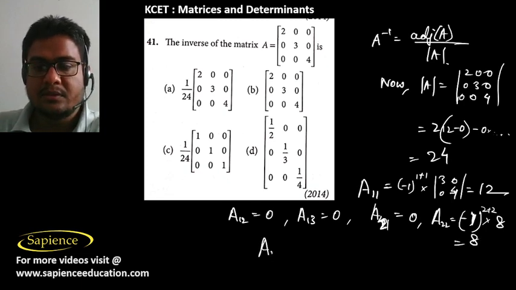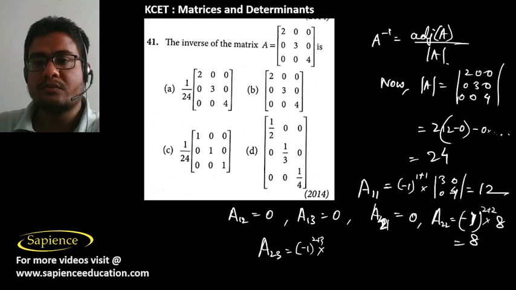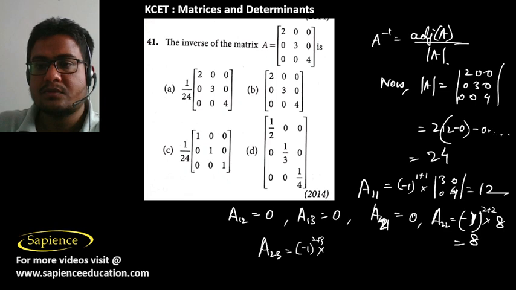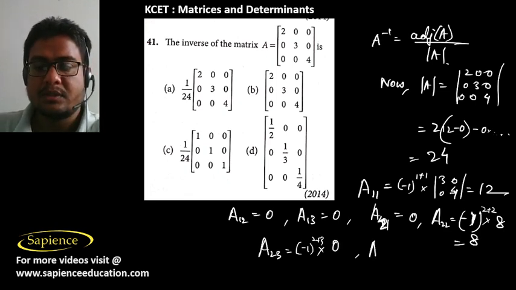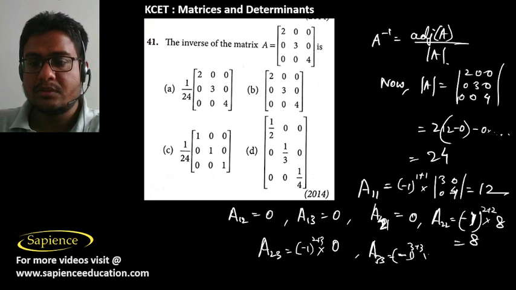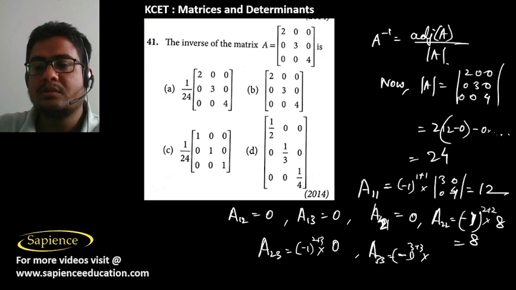And then A23 will be equal to minus 1 whole power 2 plus 3 into, we have to remove the second row and third column. So this will become 0 also. Then A33 will be equal to minus 1 whole raised to 3 plus 3 into M33. M33 means we have to remove the third row and third column. So it's 6.